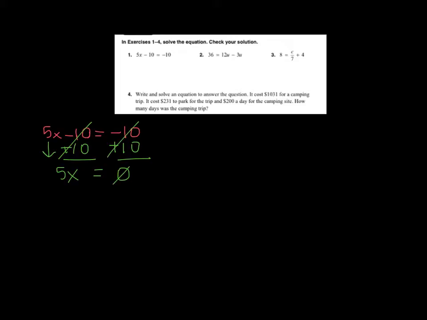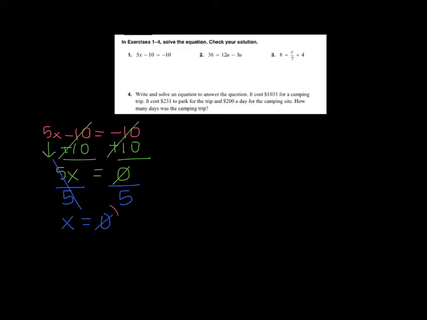So I noticed in Chapter 1 when you guys got 0, you kind of got stuck. You didn't know what to do. So you want to think about this. This says that 5 times some number is equal to 0. Well, we know that the opposite of multiplying by 5 is dividing by 5. 5 over 5 makes 1x, and 0 divided by 5 is 0.